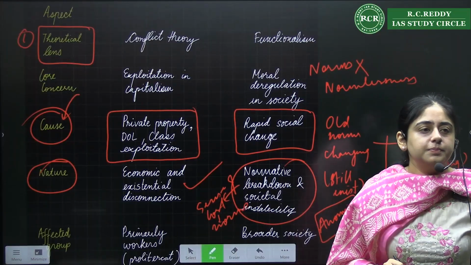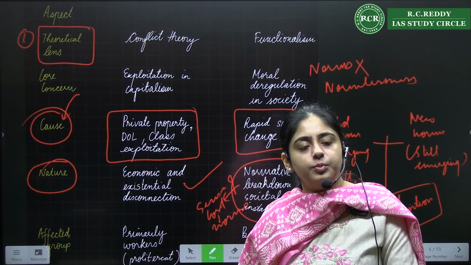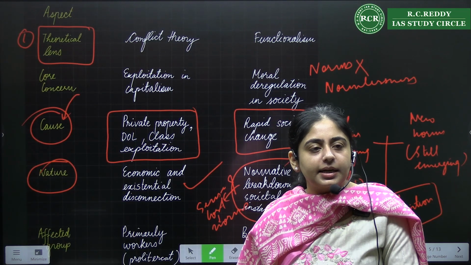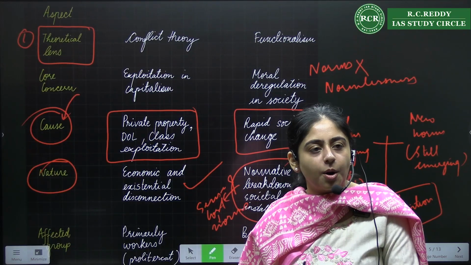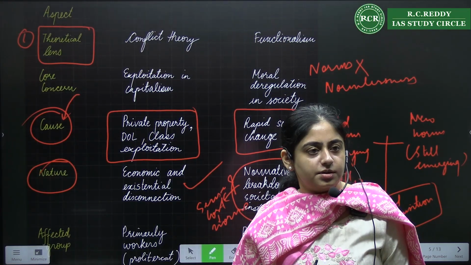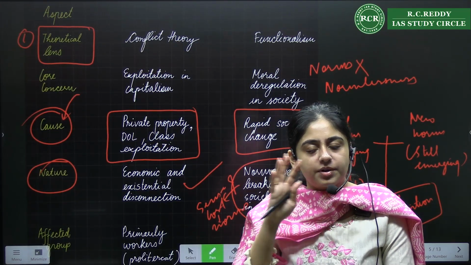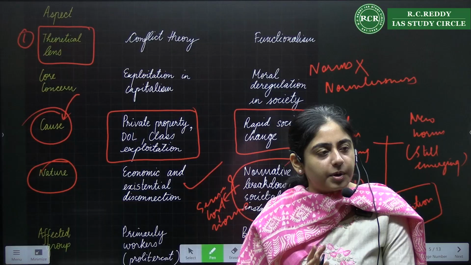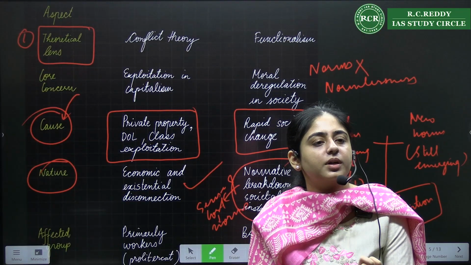Now, what is the affected group? Alienation's affected group is the worker class. Anomie as a concept affects the entire society. There is not one group he's talking about in anomie. It's a general breakdown of norms. But when Marx is talking, alienation is limited to the capitalist workers.